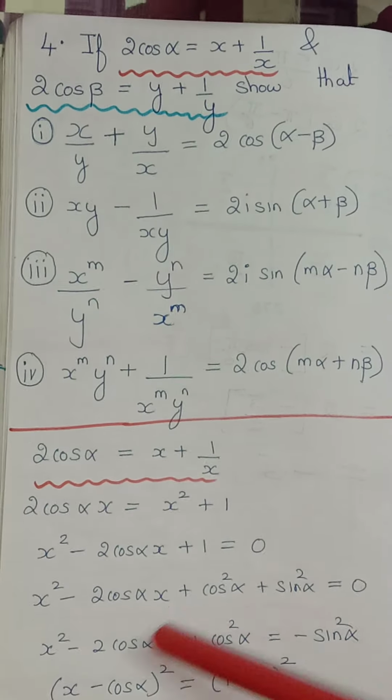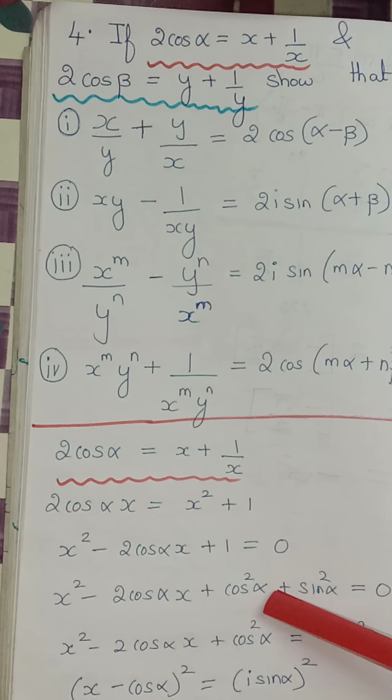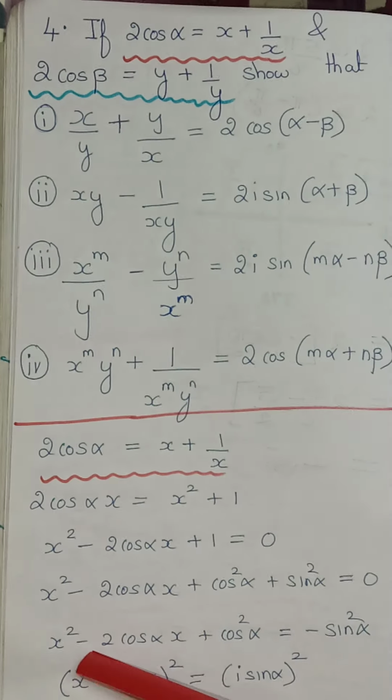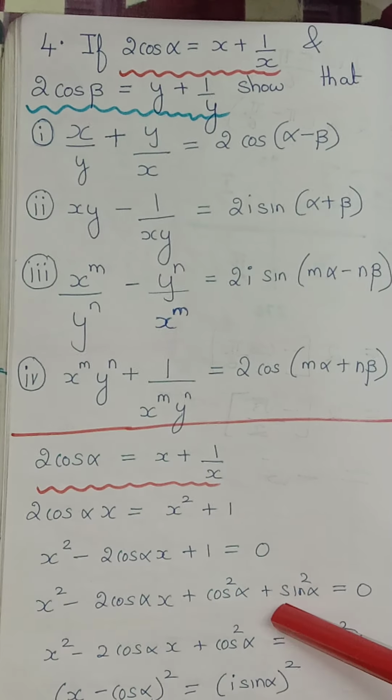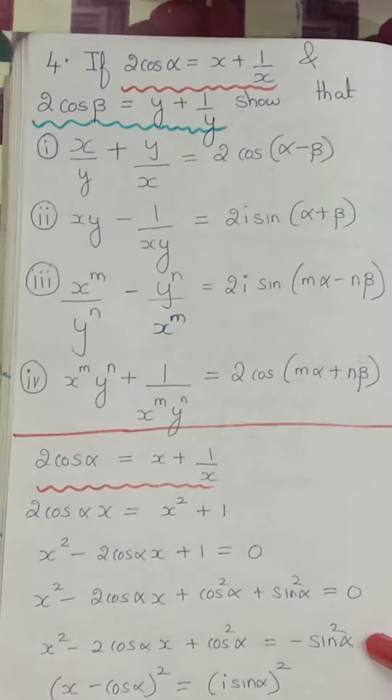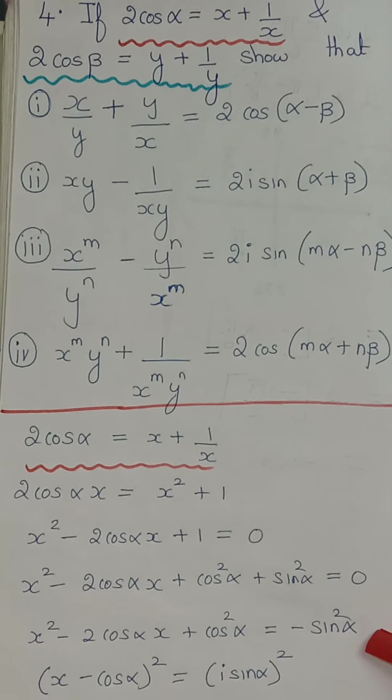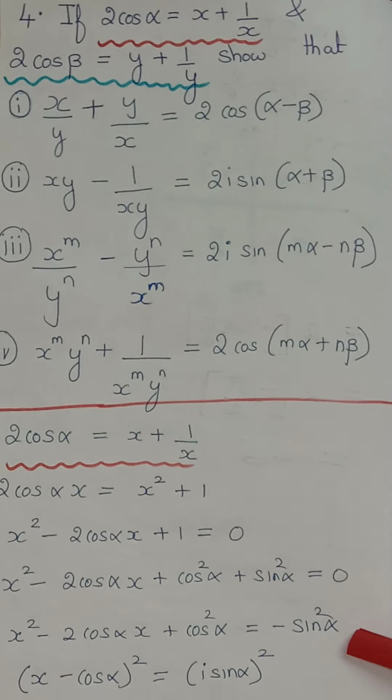After this, these 3 terms I keep in the LHS, that is x square minus 2 cos alpha x plus cos square alpha. The sin square alpha I take to the RHS, so I will have minus sin square alpha.